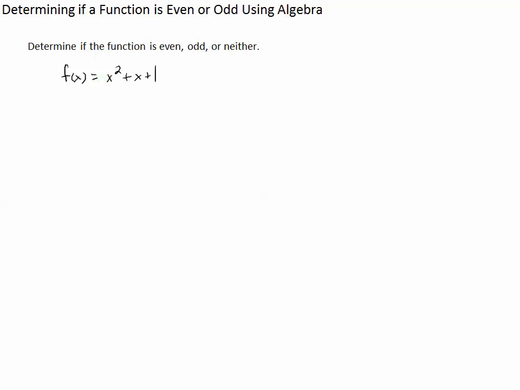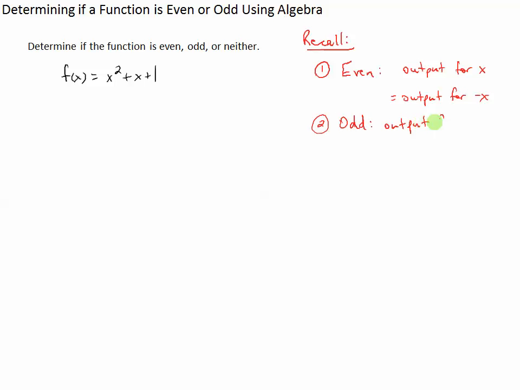So let's take a look at this, and let me recall that an even function means that the output for x equals the output for negative x. Number 2, odd means the output for x is opposite of the output for negative x.